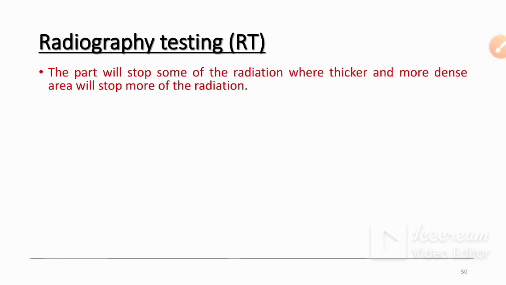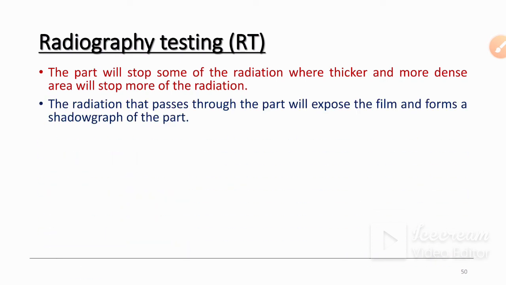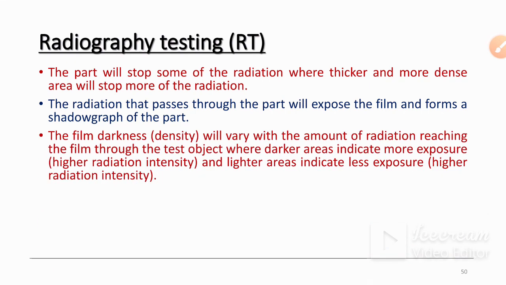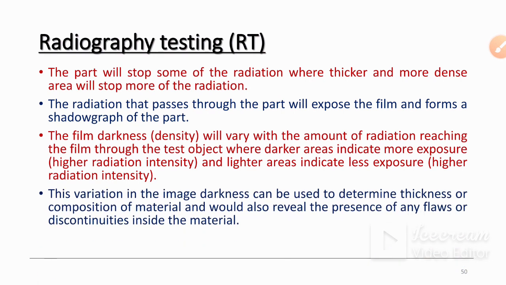The part will stop some of the radiation, where thicker and denser areas will stop more of the radiation. The radiation that passes through the part will expose the film and form a shadow graph of the part. The film darkness density will vary with the amount of radiation reaching the film through the test object, where darker areas indicate more exposure, higher radiation intensity, and lighter areas indicate less exposure, that is lower radiation intensity.